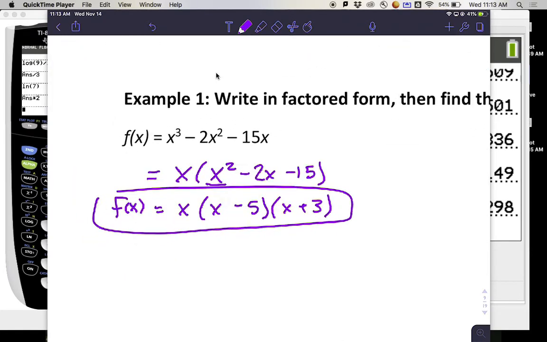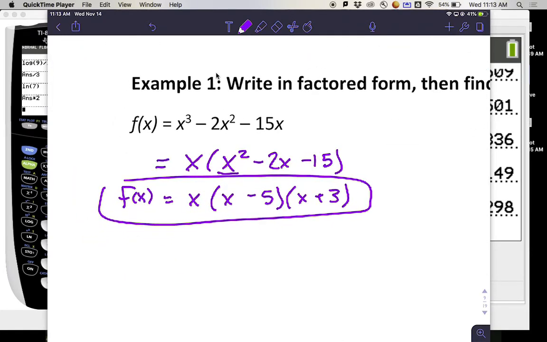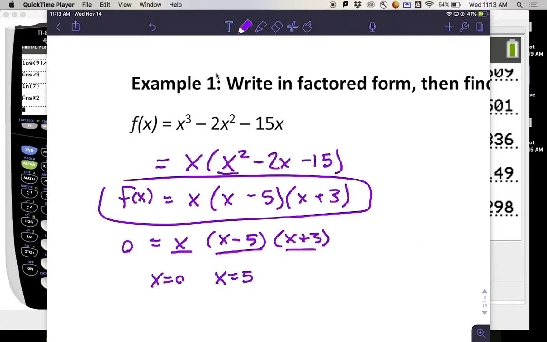But then it says find the zeros. To find the zeros, you literally plug in 0 for the left side. And then once you're done with that, you set your factors, which are these pieces here, equal to 0. So either x equals 0, x equals positive 5, and x equals negative 3.